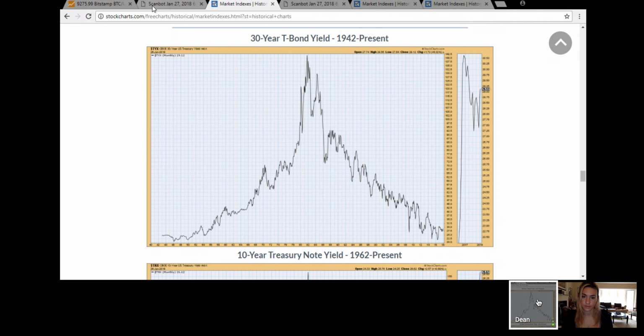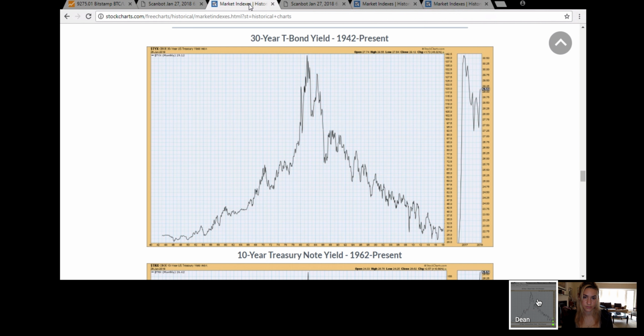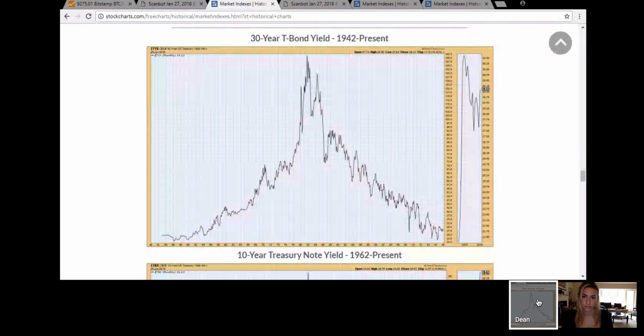But going back to the chart, here is what a hyperwave looks like with all 7 of its phases. And here is the 30-year T-bond yield, the hyperwave and the yield.